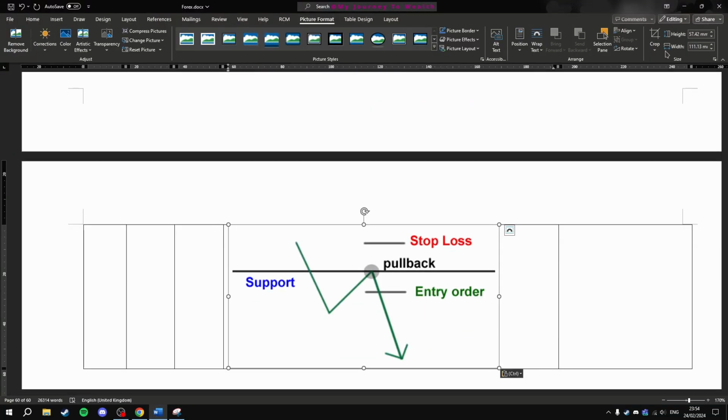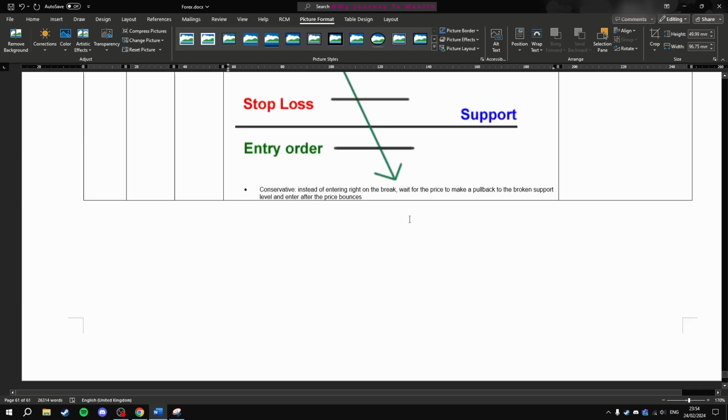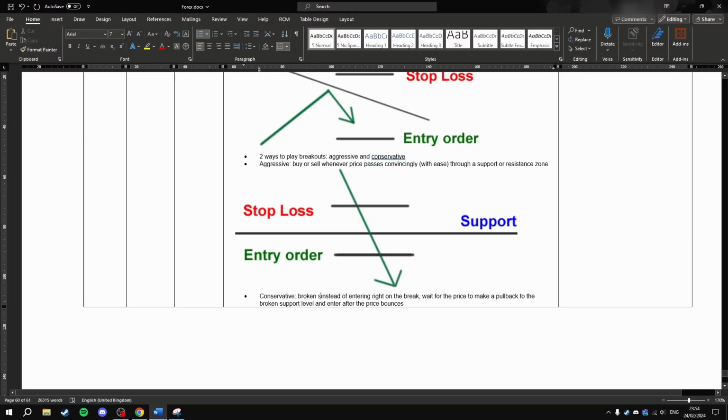So a broken support level could become a new resistance level.